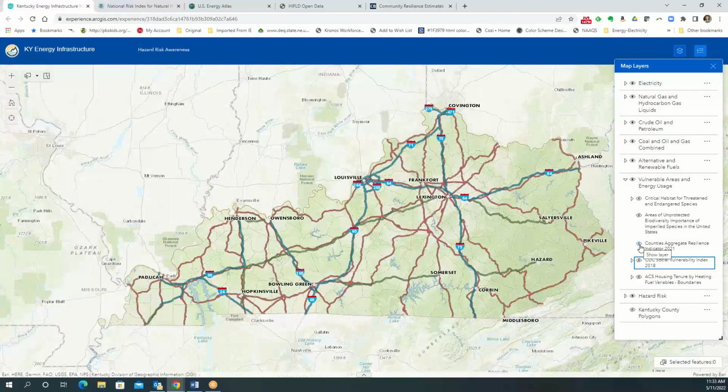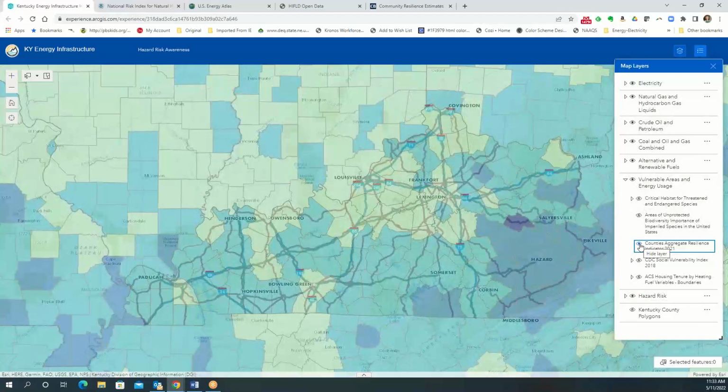The other one is that FEMA also has a county aggregate resilience indicator. FEMA looks at community resilience at the aggregate county level, and community resilience is the ability of a community to prepare for anticipated natural hazards, adapt to changing conditions, and withstand and recover rapidly from disruptions.